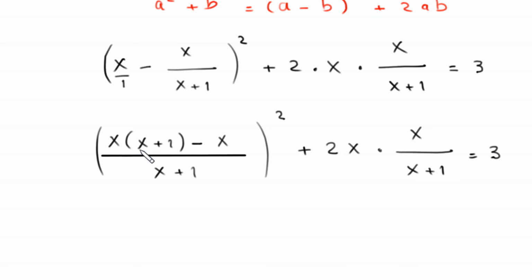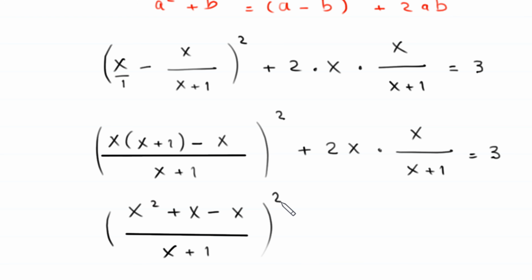Further simplify, this will become x times x squared, x times 1 plus x, this negative x, divided by x plus 1 whole squared plus 2x times x divided by x plus 1 is equal to 3.